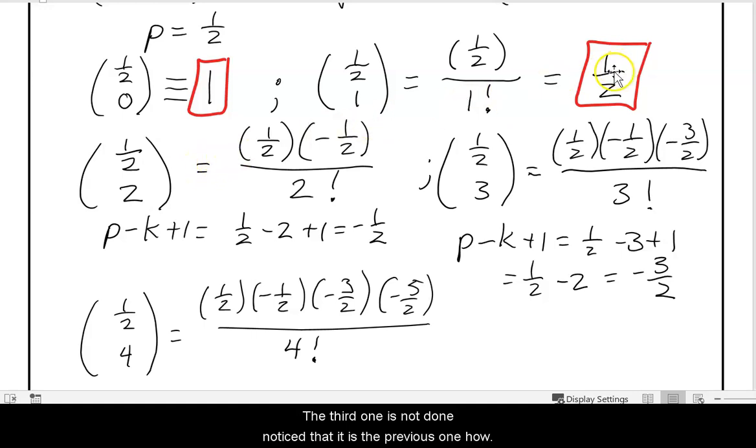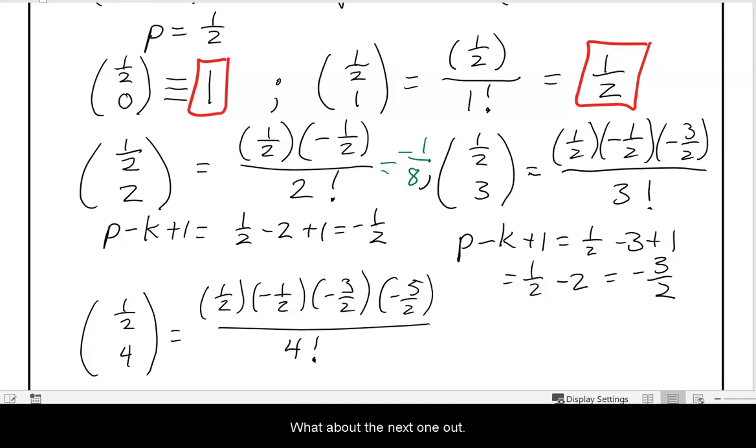Notice that it is the previous 1/2 times a -1/2 and divided by 2 factorial. To finish that computation, I will need to take the 1/2 and multiply by -1/2, which gives me -1/4, and then divide by 2, which is the value of 2 factorial. This is going to give me a -1/8.